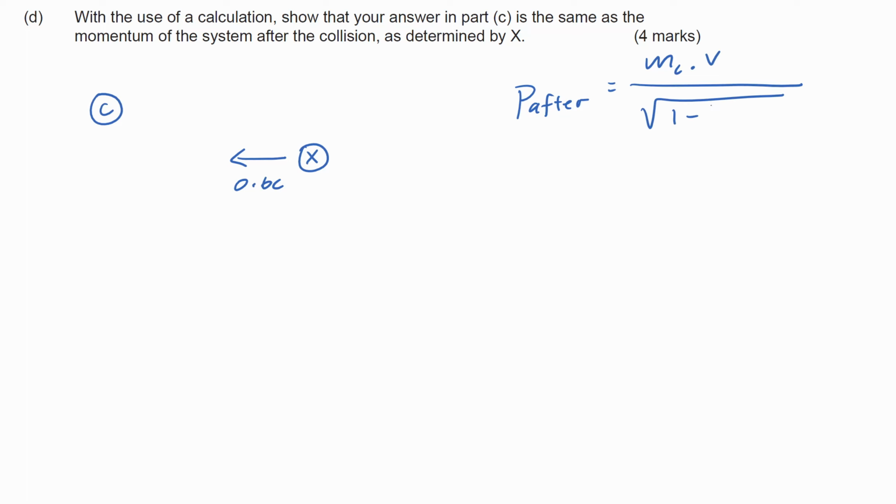Let's pop those numbers in. We have that the particle C is 2.5 m from before. Its velocity with respect to X is going to be 0.6 c.